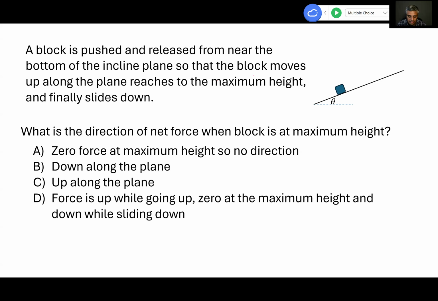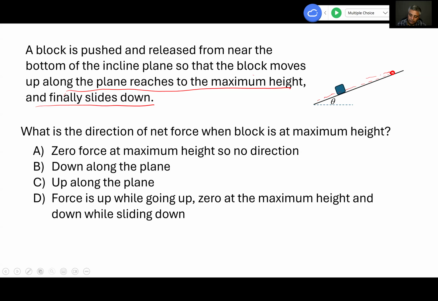That's what it says: it reaches a maximum height and finally slides down. So what is the direction of net force when the block is at maximum height? For example, if it goes all the way here and then starts coming back, at that moment, what is the net force?